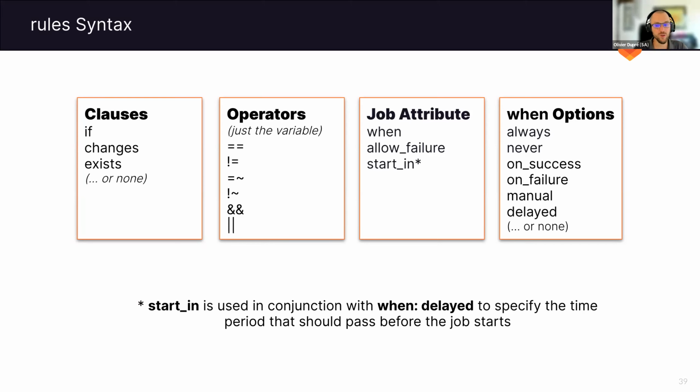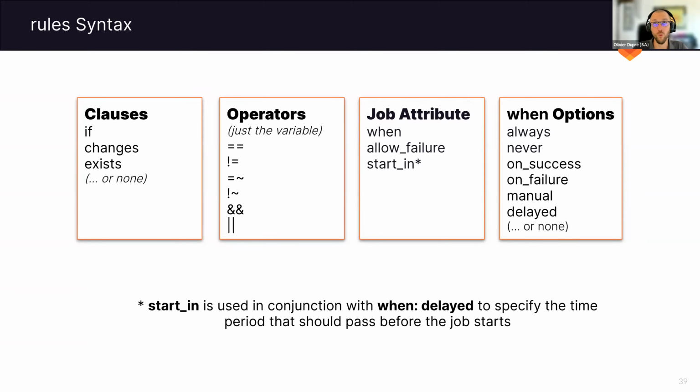Then you have some attributes to define if you want to run your job later with a when. If you say when delayed, then you must define a start in, so you can delay a job execution by 5 minutes, 5 hours, or whatever. This might be very useful. For example, for deployment, you may define that you just want 4 deployments a day, and you will use when delayed and define your start in keyword to specify when you are going to run the deployments.